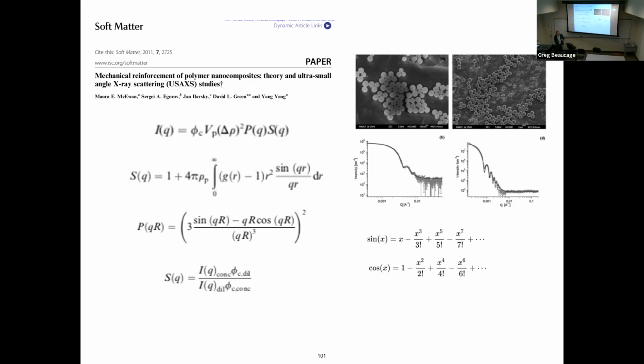Each one of the peaks from this function will be at 2 pi over the diameter, and the next one will be at 4 pi over the diameter. So you get a fringe pattern from this function for a sphere, right? And you can get the diameter of the sphere from that function. So that makes things complicated. You have that thing here, and this thing also has the correlations of the spheres, which is at almost the same size, right?